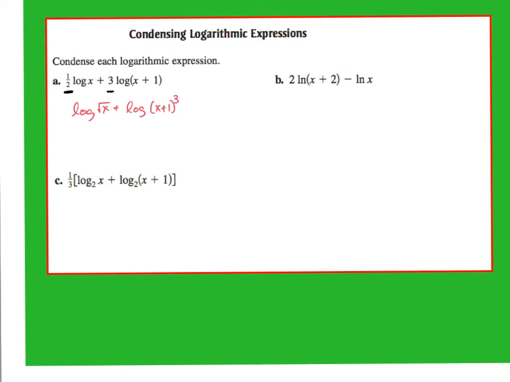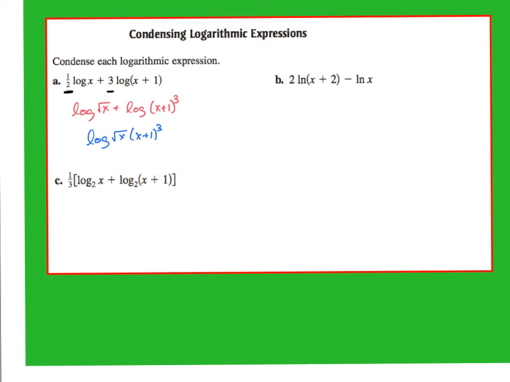All right. Now, I have addition going on. So if I have addition going on, that's really what? Multiplication. So now I end up with log of square root x times x plus 1 cubed. All right. So I go from multiple logs into a single logarithm.